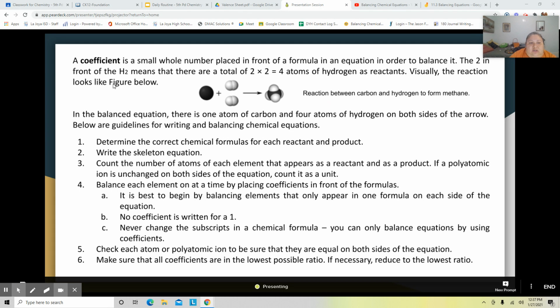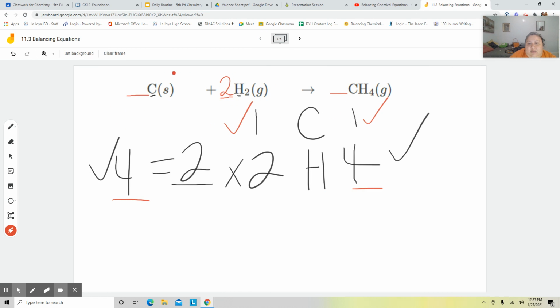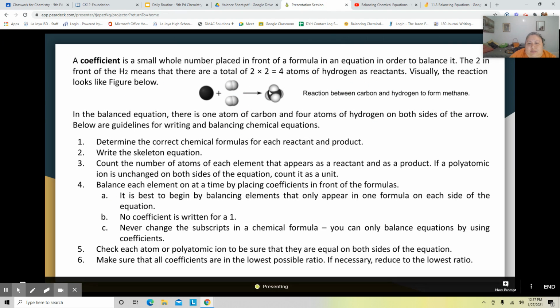Visually, the reaction looks like the figure below. So now we're comparing this formula or this equation with the equation right here. We had 1 atom of carbon. There's your 1 atom. There was 2 atoms or 2 moles of hydrogen gas.